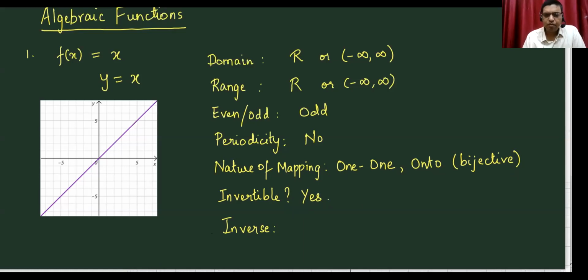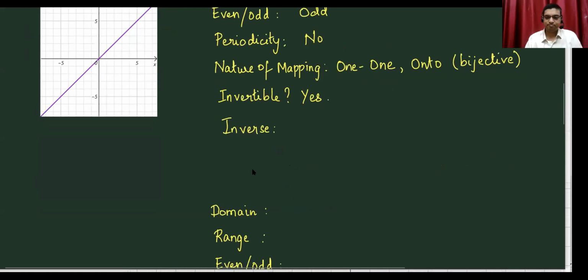Okay. What will be its inverse? This is one graph whose inverse is itself. f of x is x. Now write x in terms of y. So y is equal to f of x equal to x.